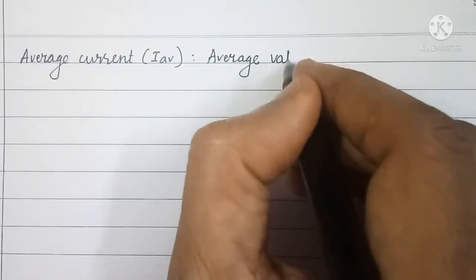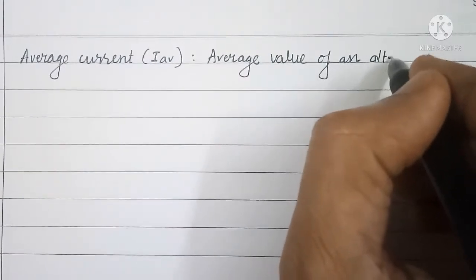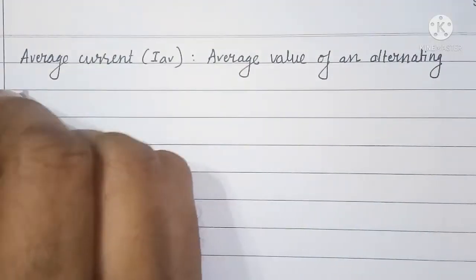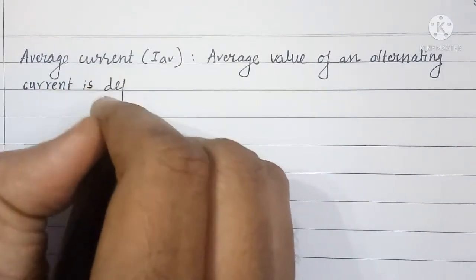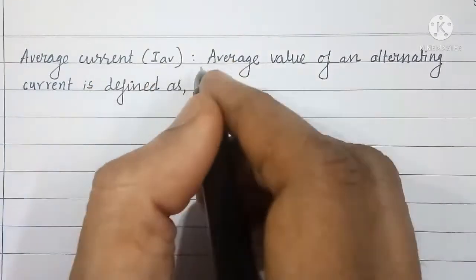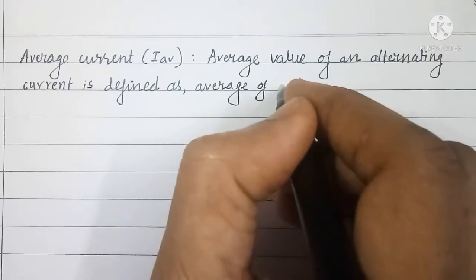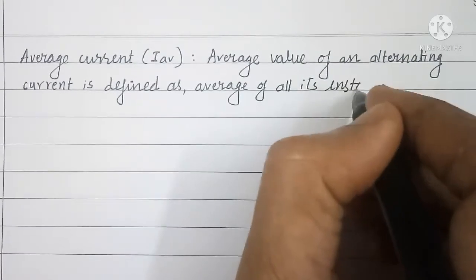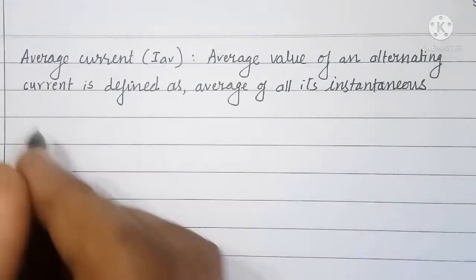Average value of an alternating current is defined as average of all its instantaneous values.